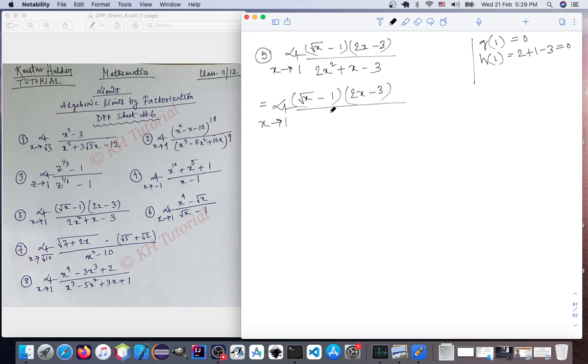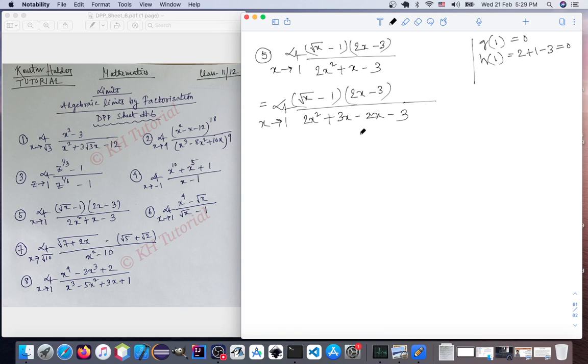What it will be 2x square plus 3x minus x minus 2x minus 3.